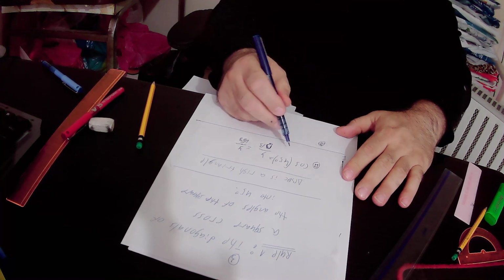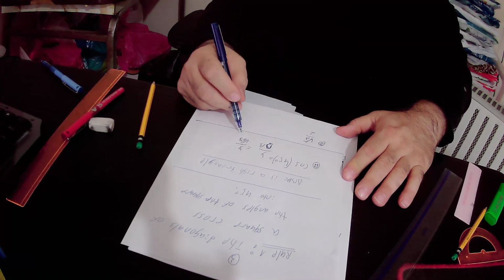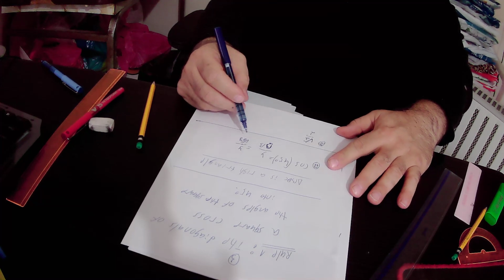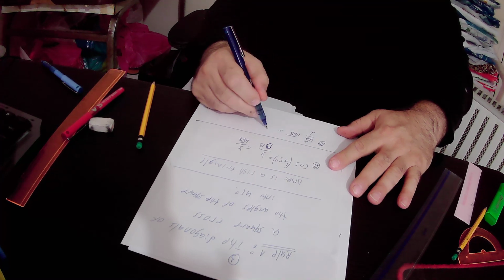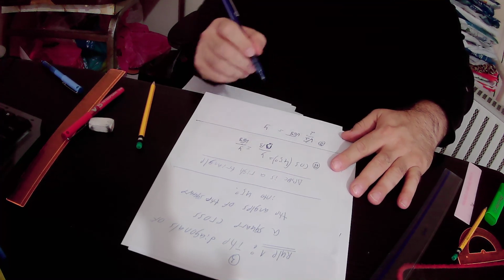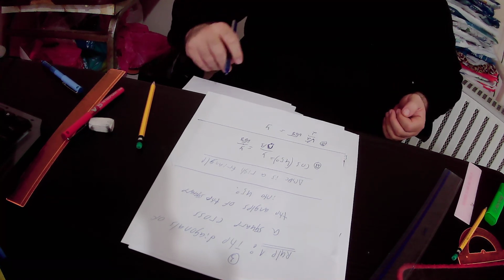We know that cosine 45 degrees is root 2 over 2. So we got that y equals root 2 over 2 times the root of 68 according to equation number 2.